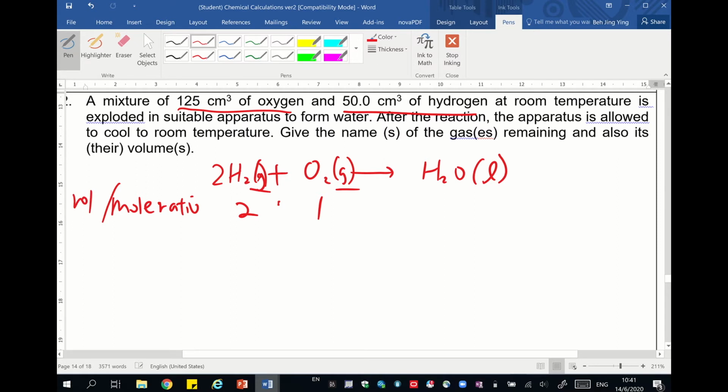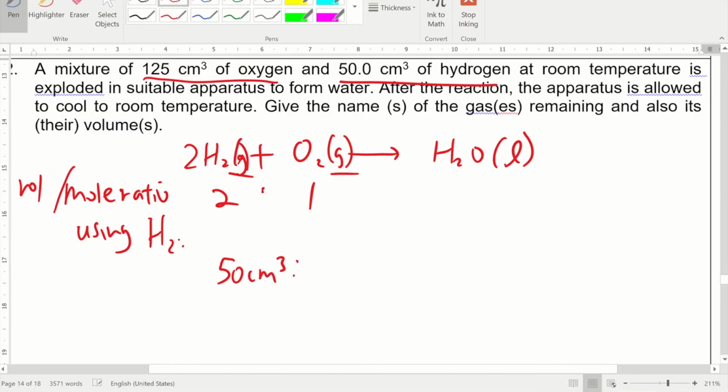So this is my mole ratio, and I can also use volume ratio. Using hydrogen, if this is 50 cm cube, I will need 25 cm cube of oxygen. And how much am I given? I'm given this, so it's more than enough.